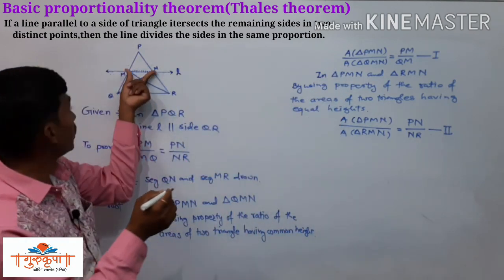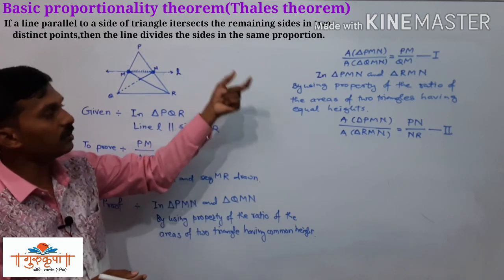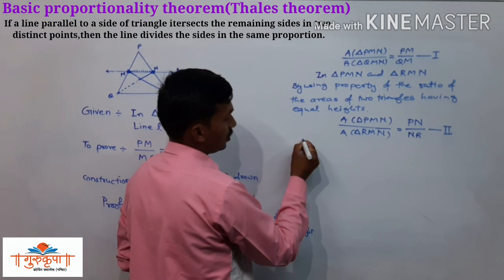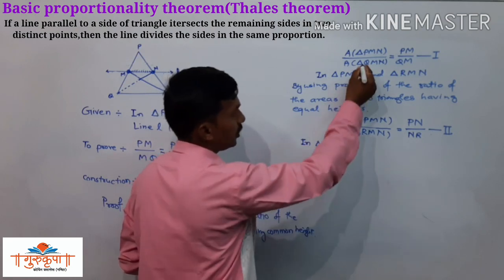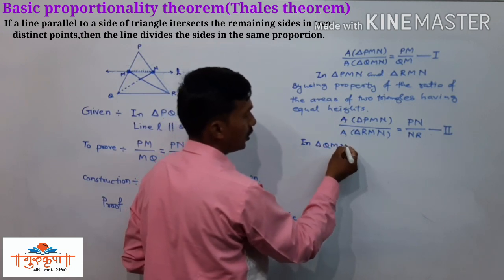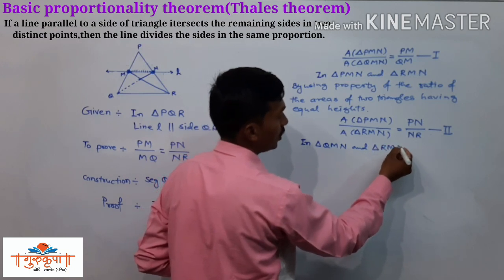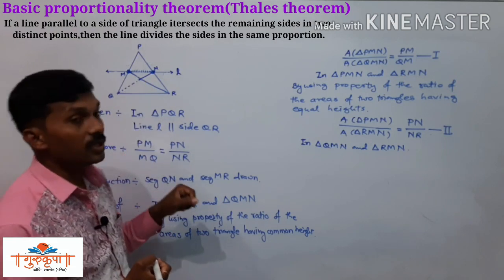We can write: MN is the base of the triangle QMN and RMN. In triangle QMN and triangle RMN, MN is the common base.